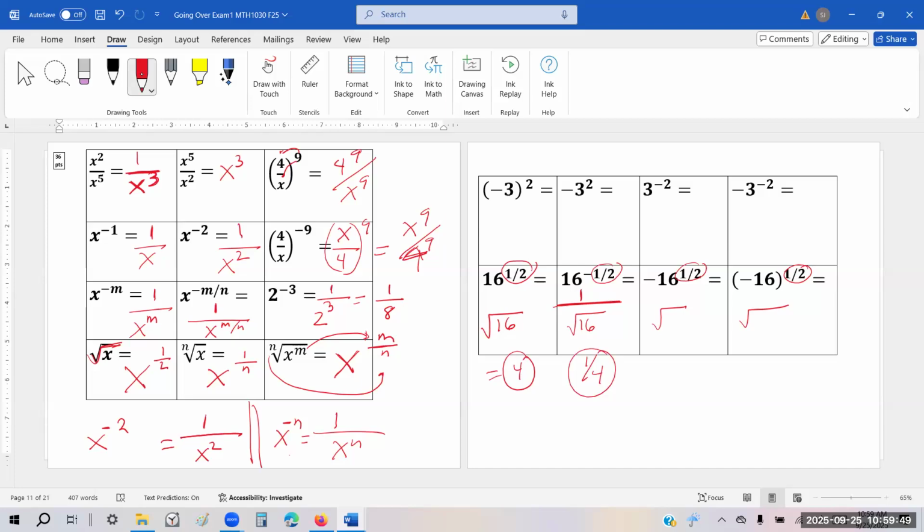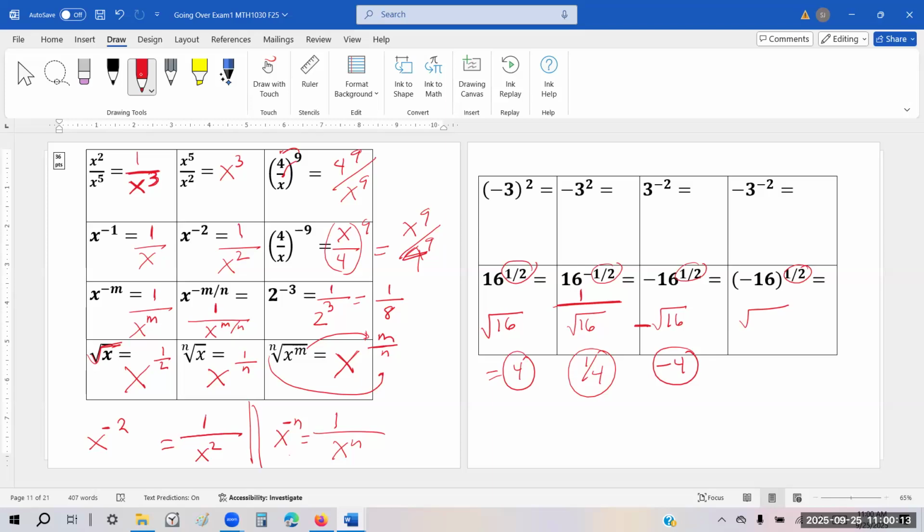Not negative 4. The next one, we have a negative and then the number, so it's negative times square root of 16. What do you have this time? Negative 4. So depending on the position of your negative, either you have a fraction or you have a negative result.